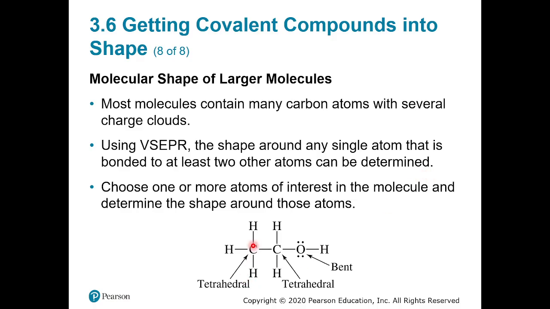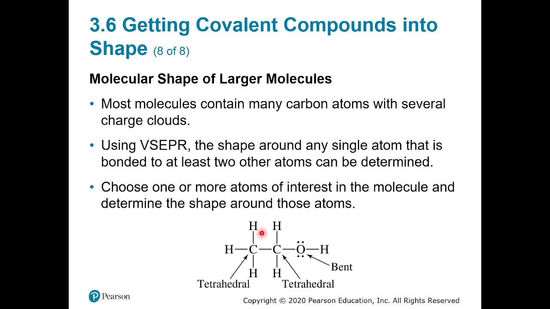So we go to this carbon right here, and what sort of domains are around that? Well, there are 4 bonds, right? So we have 4 bonding electron domains around that carbon. 4 domains gives you tetrahedral, doesn't it? And so this one, its molecular and electronic geometry, is tetrahedral.